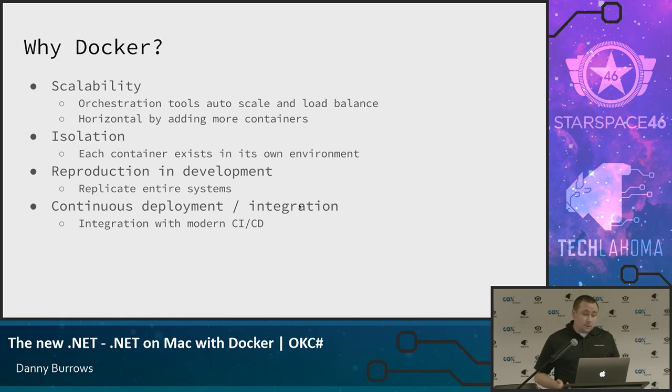It's isolated. If you think about it as its own little machine, kind of tying back to the virtual machine, but not a virtual machine, it's isolated. External dependencies don't affect it. Everything happens within its own container.